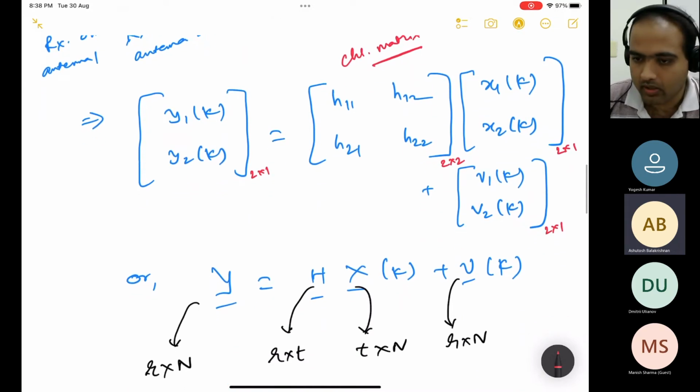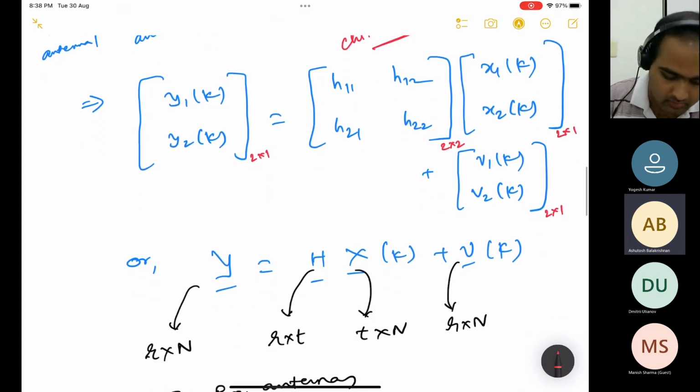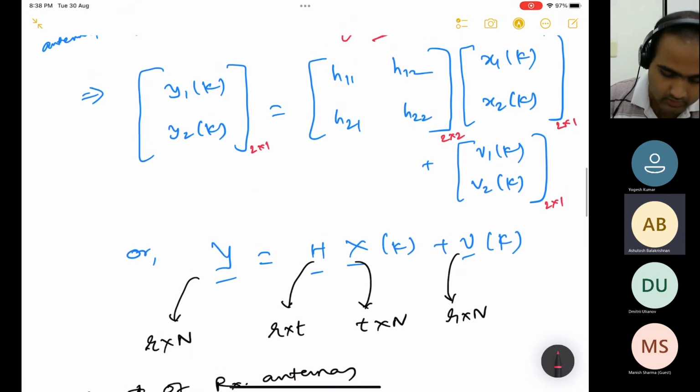We will see what happens with multiple time indices. In general, this will be an R cross N matrix, where N is the number of time instances.